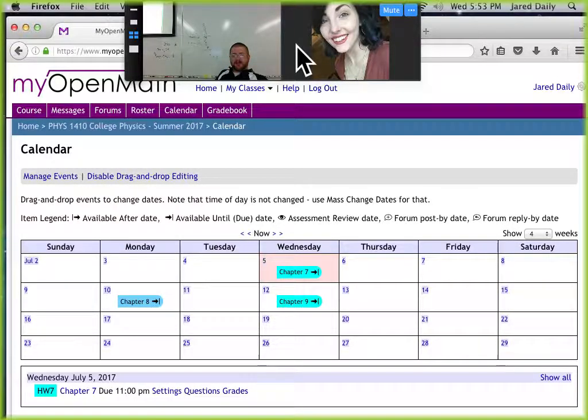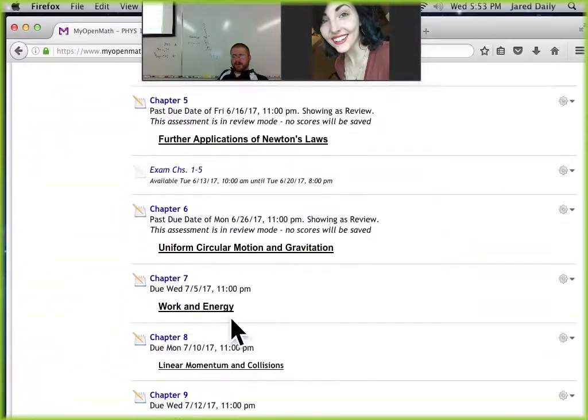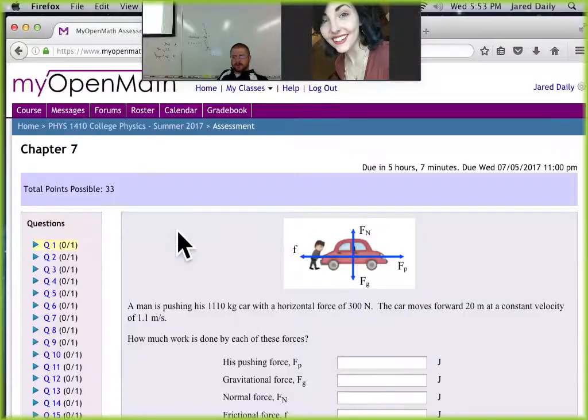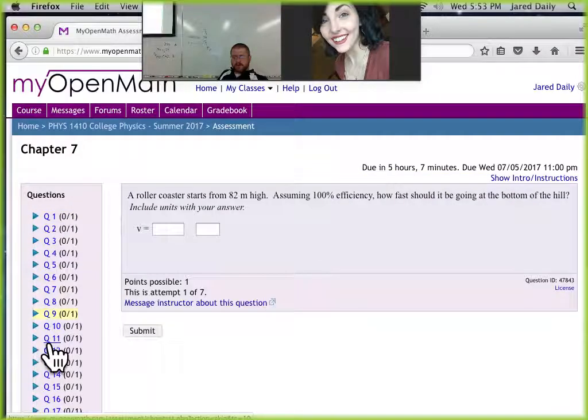Okay, so Cassidy, tell me what you need for chapter 7. Okay, I'll start with number 9, because the only thing we're given is the distance and that it's supposed to be 100% efficiency. So when you assume 100% efficiency, that means you're not going to lose any energy in the conversion from gravitational potential energy to kinetic energy, which really just means that your potential energy at the top of the hill has to equal your kinetic energy at the bottom of the hill, and that's the equation you need to solve.